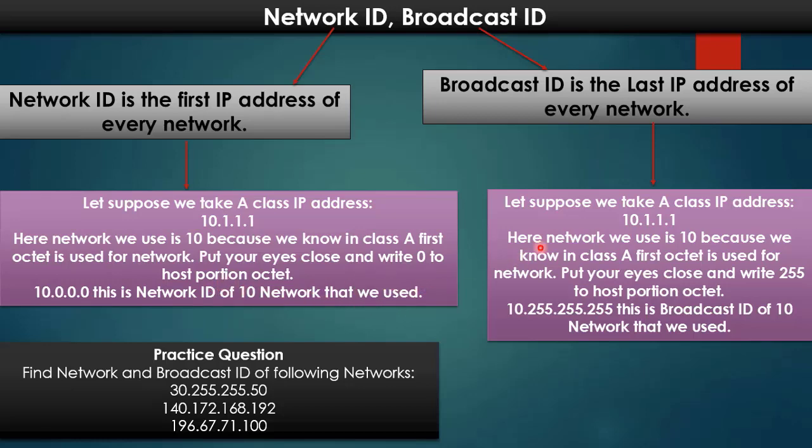Now we will understand the broadcast ID of any network. Let's suppose we take a class A IP address 10.1.1.1. Here the network we use is 10 because we know that in class A the first octet is used for network.